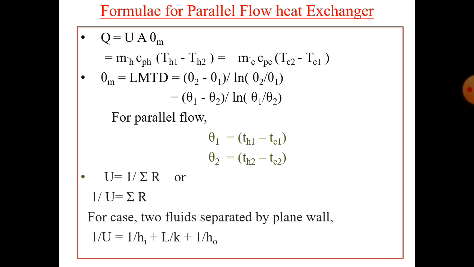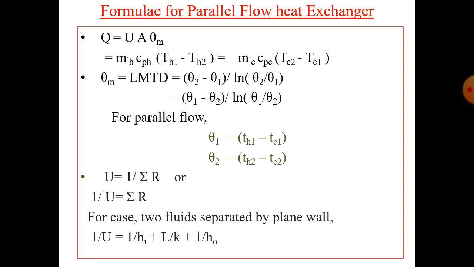We have seen in the chapter on conduction that the resistance for conduction is given by L upon K, that is thickness upon the thermal conductivity. So these are the basic formulas that are needed to solve the numericals on parallel flow heat exchanger.